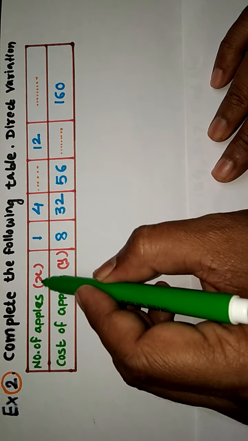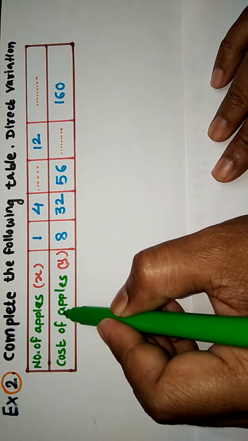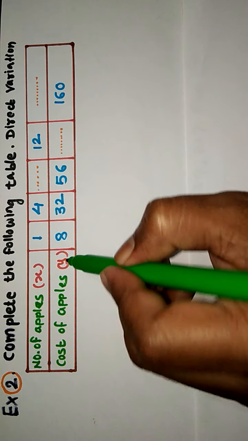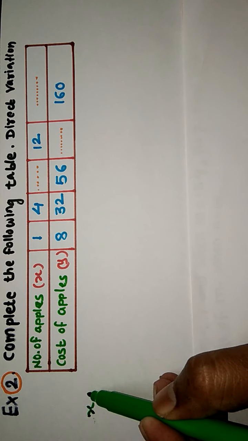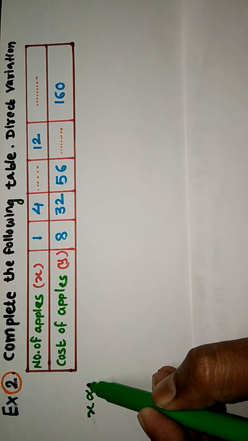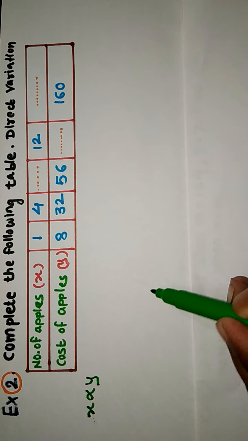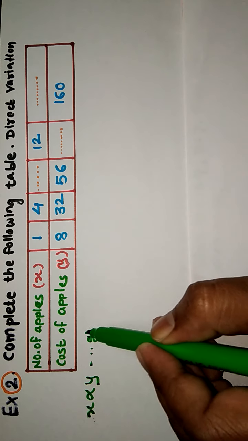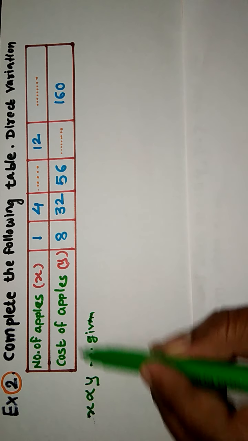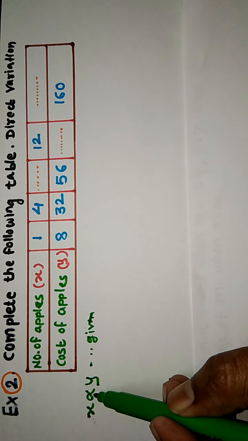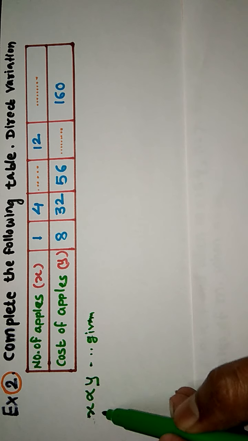The number of apples is denoted by x and their respective cost by y. There is direct variation, which means x varies directly as y. First we write the given direct variation. Now to solve this example, we remove this sign.